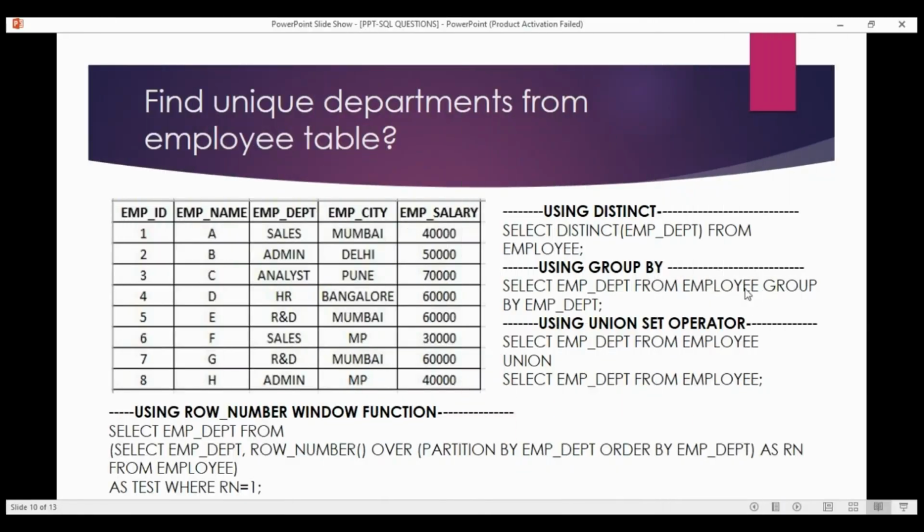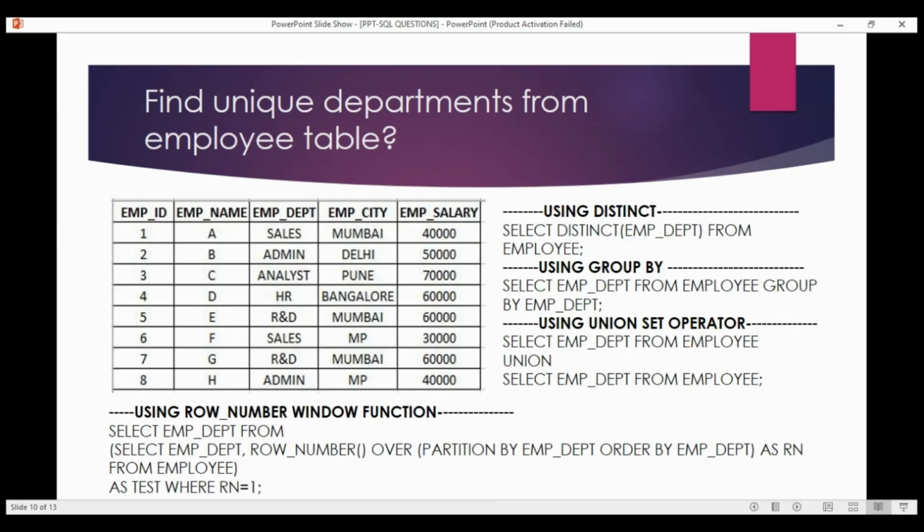Find unique departments from employee table. The same question can be asked in different ways, like find unique cities from employee table, or find unique customers from customer table, or find unique products from product table.